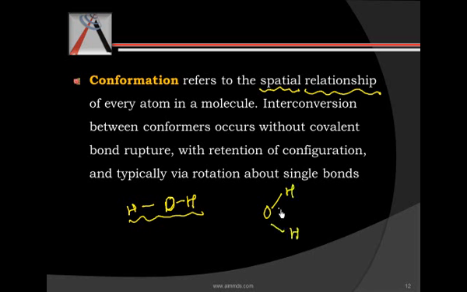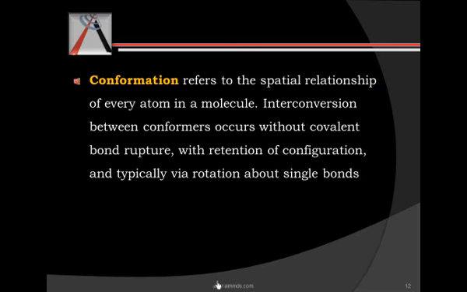There is a typical angle between the oxygen atom and the hydrogen atoms. It's because of their size, their charges and their attraction, polarity, and all those factors. They exist in a typical structural shape. This is called conformation, and this conformation can be changed without breaking the bonds, just because of the rotation along the single bonds.